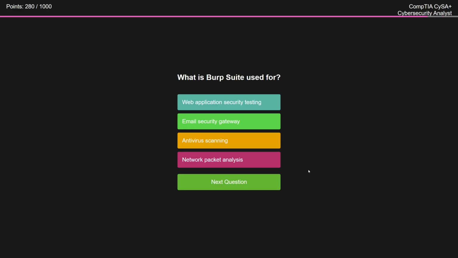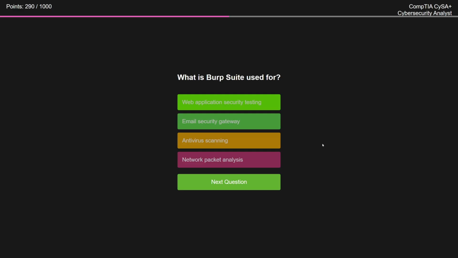What is Burp Suite used for? Web application security testing, email security gateway, antivirus scanning, network packet analysis. I'm just going to say web application security testing. Because I see Burp Suite really, really frequently, and I see two of them. I see Zed Attack Proxy, right?